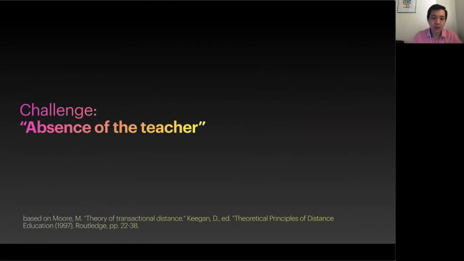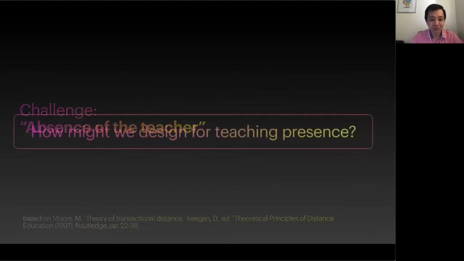When we look at literature on distance learning, one of the things that the literature will always remind us of is that one of the biggest challenges is the mere absence of the teacher, because of the physical distance that we have in distance and online learning. So we thought this might be a worthwhile thing to embark on, to ask ourselves, what do we do about this? How do we override this absence of the teacher?